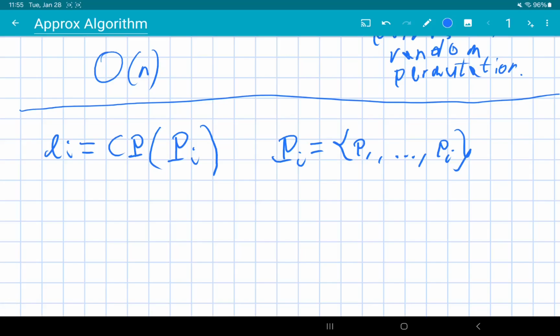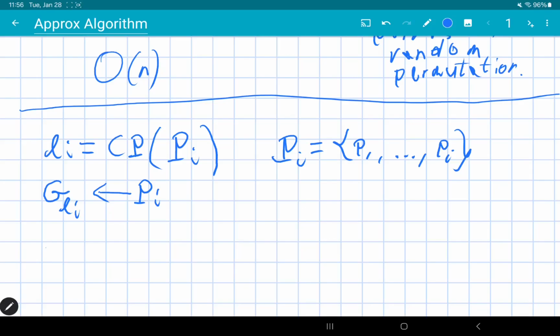And okay, so Li is the closest pair distance of Pi, and implicitly, I'm also stating that not only I know the distance, I also know the 2 points realizing it. And let's think about maintaining the grid of size Li, where I'm going to store the points of Pi, right?